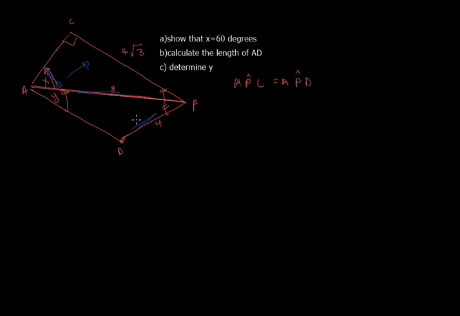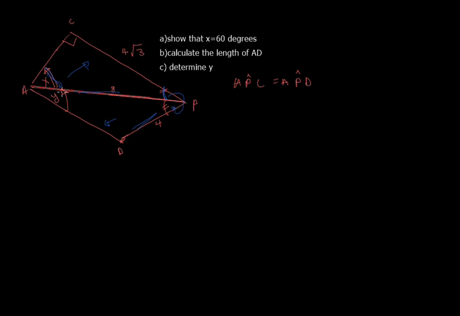We don't have the area of this triangle, so we cannot use the area rule, and we don't have an angle that opposes this side. We don't have two angles in the triangle, so we cannot use sine rule. We could use cosine rule by firstly finding this angle, which can lead us to find this side here.